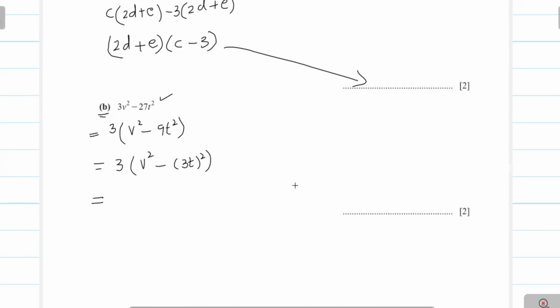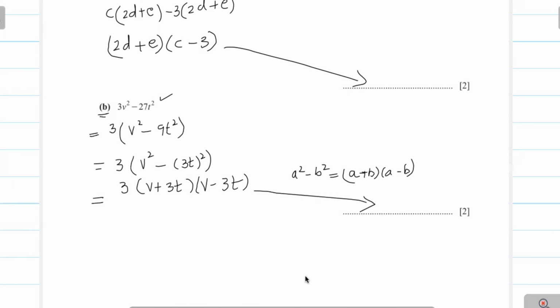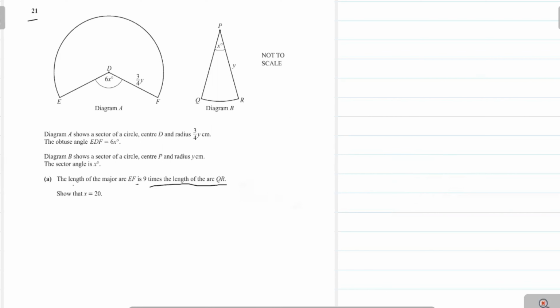We can factorize by using the identity a square minus b square, which is equal to a plus b into a minus b. We can write v square minus 3t whole square as v plus 3t into v minus 3t, and this is the factorization. Next question of this paper, question 21.